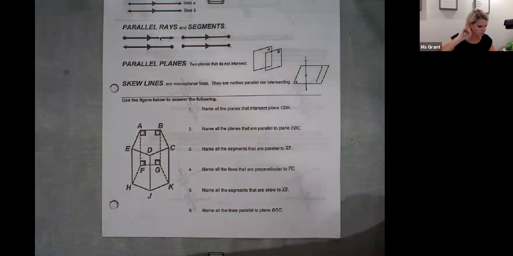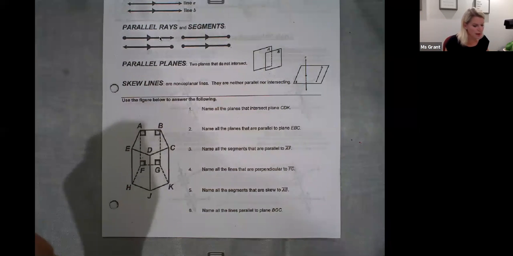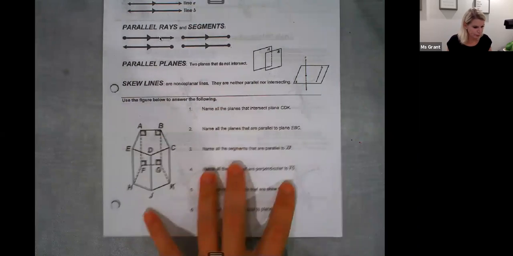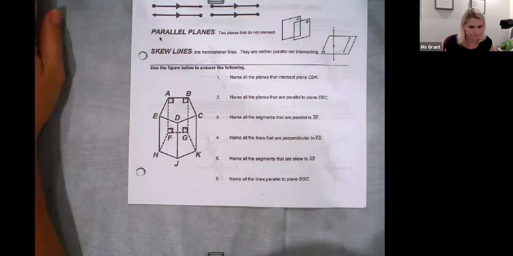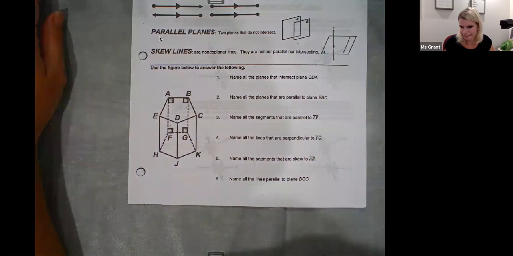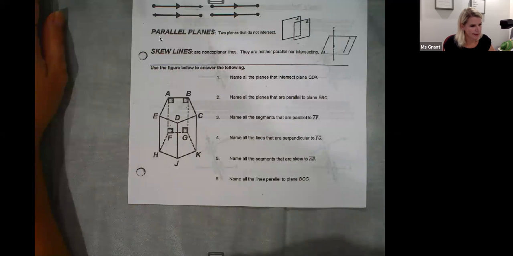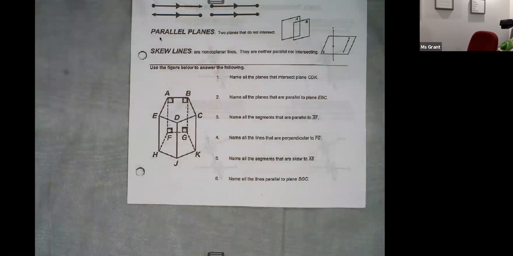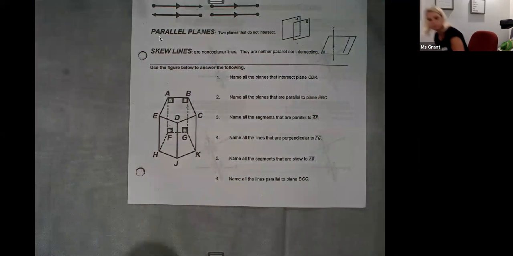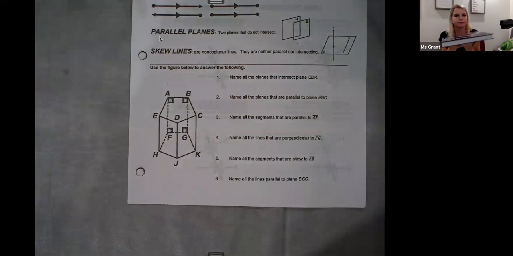Okay. Skew lines, skew. So if I have a box, I don't have a box. I can show you my book. The book will work. Okay, so here's a book.